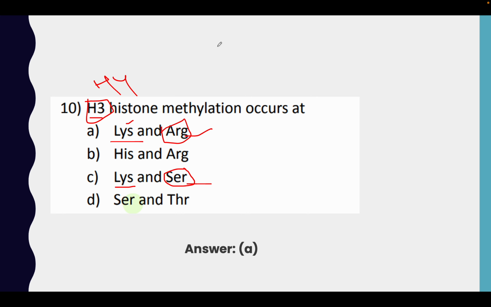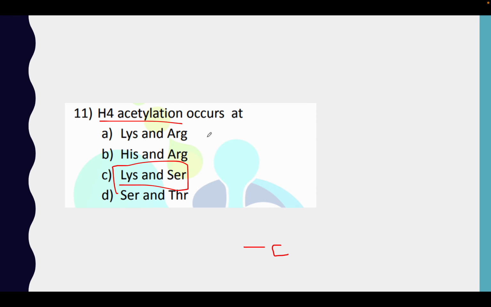Okay, so here histone methylation occurs at lysine and arginine, as it is talking about H3 histone methylation. So it occurs at lysine and arginine. And H4 acetylation, when we talk about acetylation, it occurs at lysine and serine. Lysine is again the major primary amino acid that gets acetylated in histone.